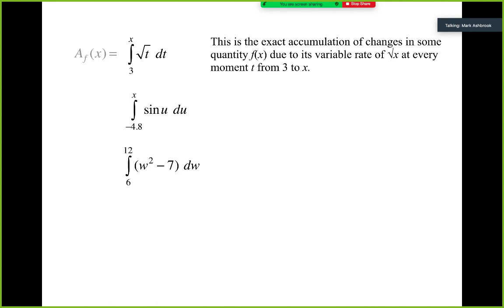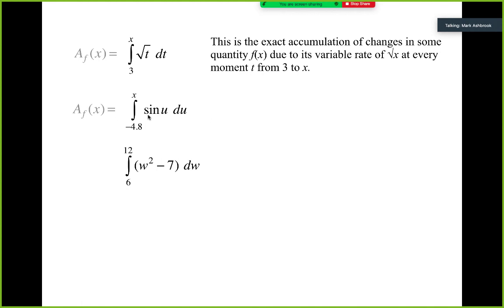The goal would be that you could write a statement that explains what this notation means, and not just copy this word for word and change some of the things. So in your own words, could you come up with a statement that interprets what that is right there? Again, we want to think of it as a net accumulation function for some quantity f, and we ask, what's the rate of change of that quantity?